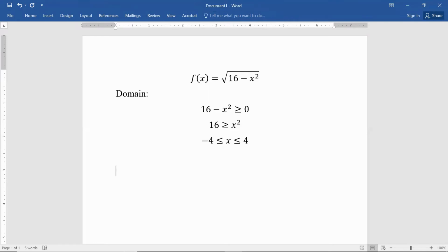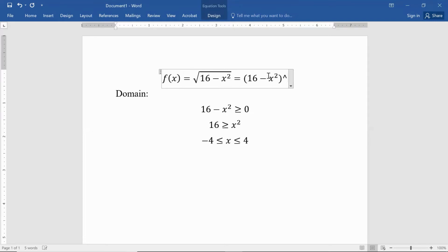Let's go and look for the critical values and critical points. In order to do that, we're going to have to take derivatives. It's going to be easier to take a derivative if I think of my original function as 16 minus x squared to the 1/2 power, or 0.5 exponent.